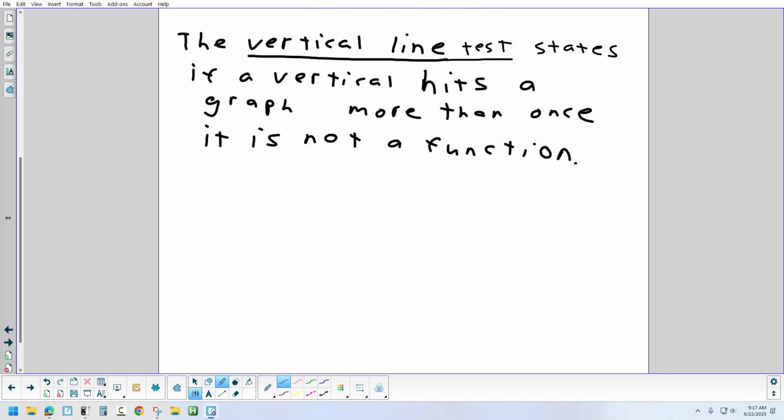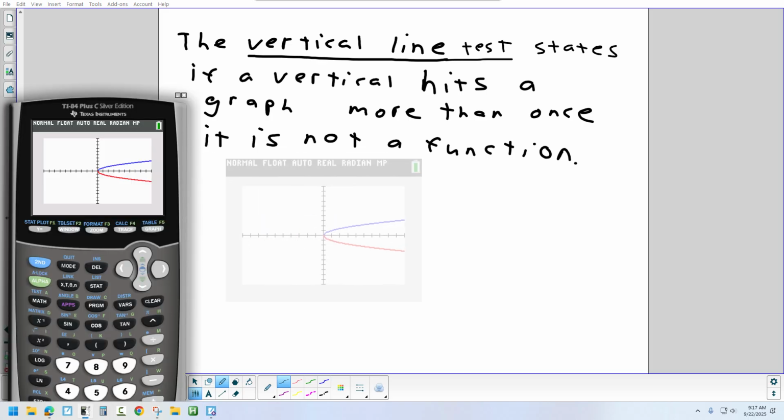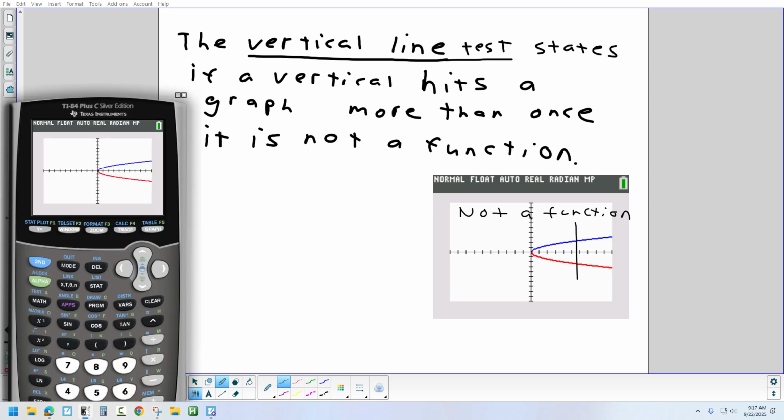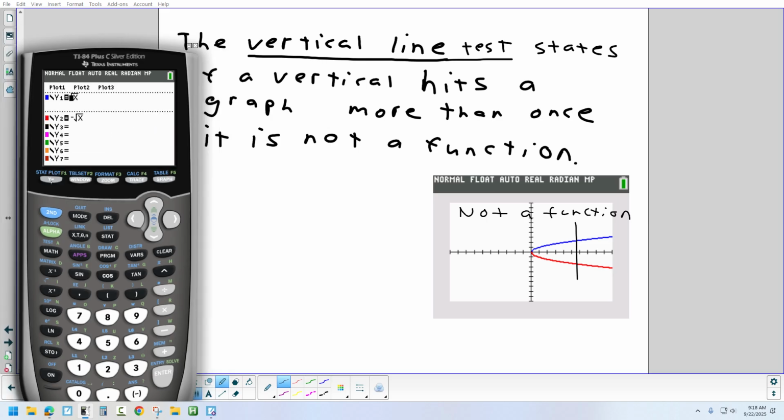Let me put up some different pictures, and we'll identify if they're a function or not a function. How about that one? Nope, that's not a function, because you can put a vertical line and it hits more than once. How about this one?